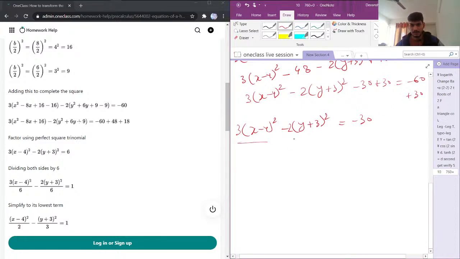So I will divide this whole with negative 30.